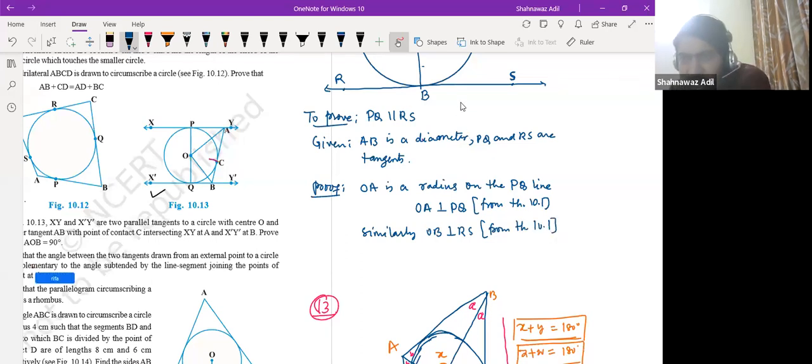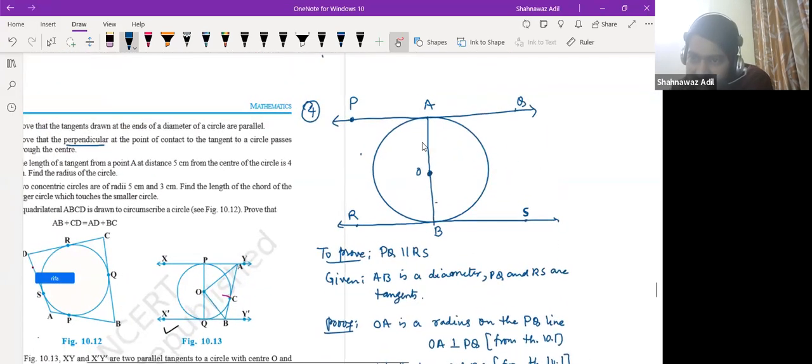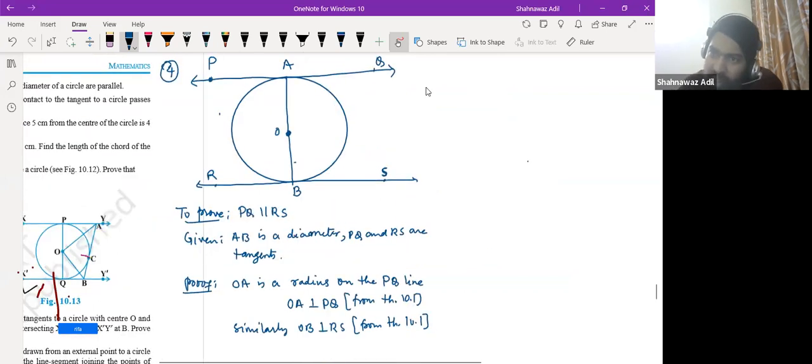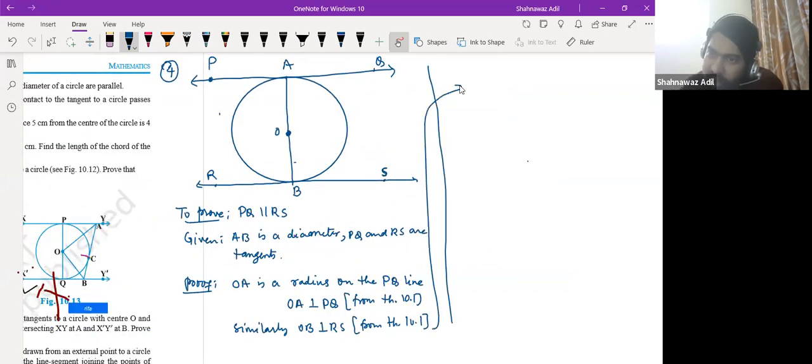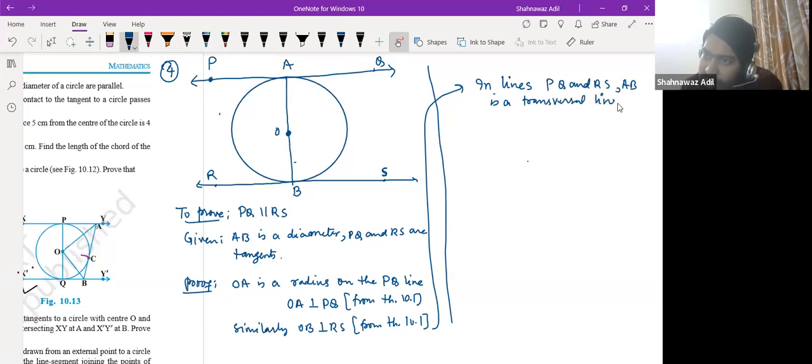Now, if we talk about this AB line, and let's say I will write this part on this side, that way it would be easier writing. So in lines PQ and RS, AB is a transversal line, right?